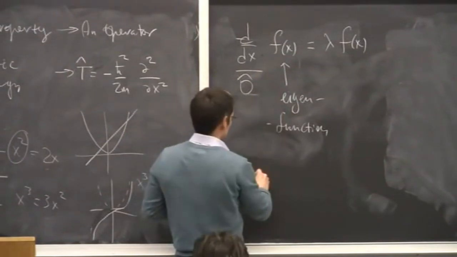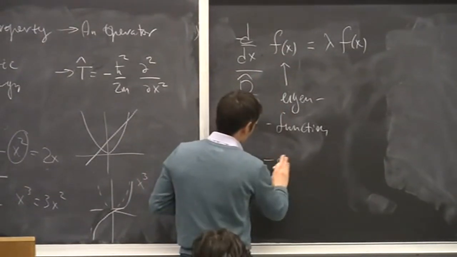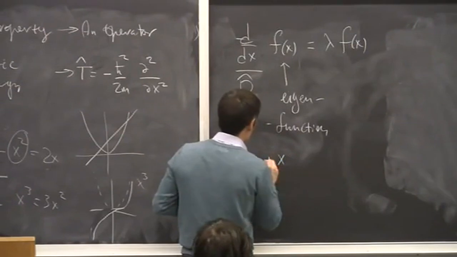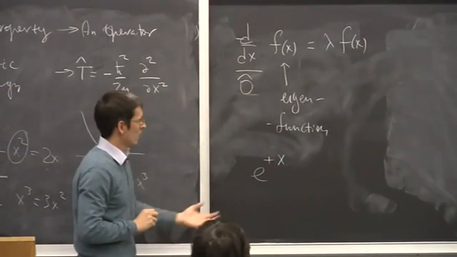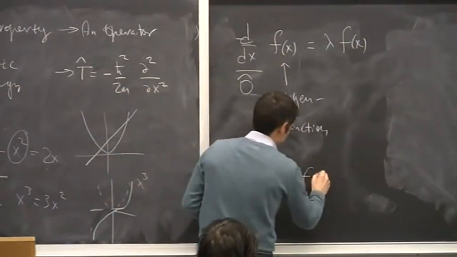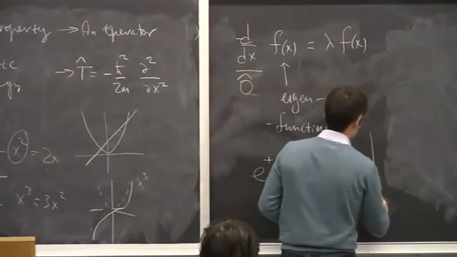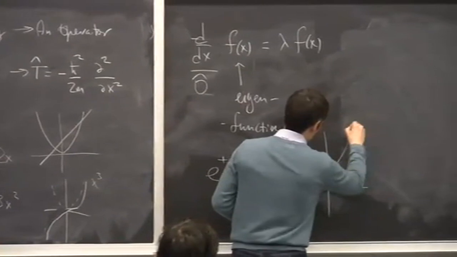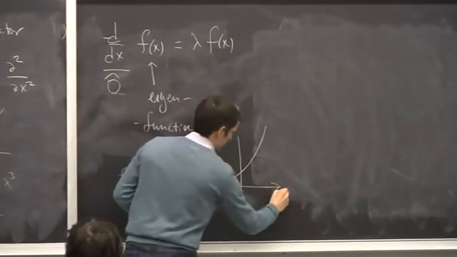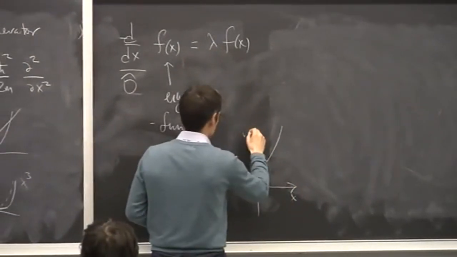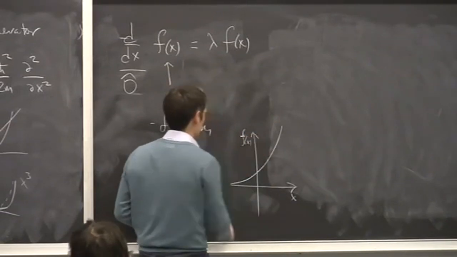And in this particular case, if you say, let's put the exponent as a function, how does the exponent look like? It looks like this, right? f of x.